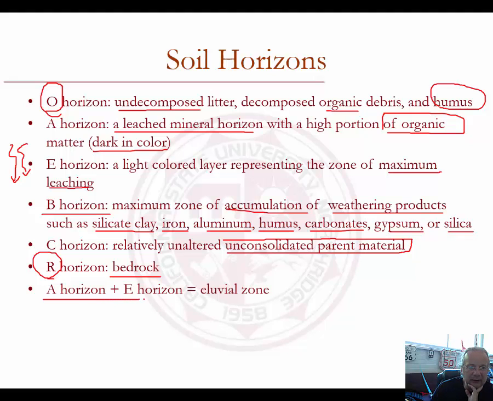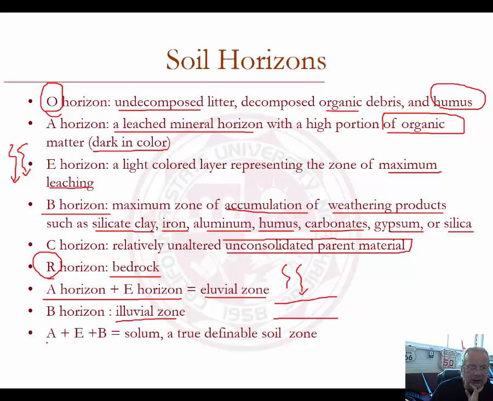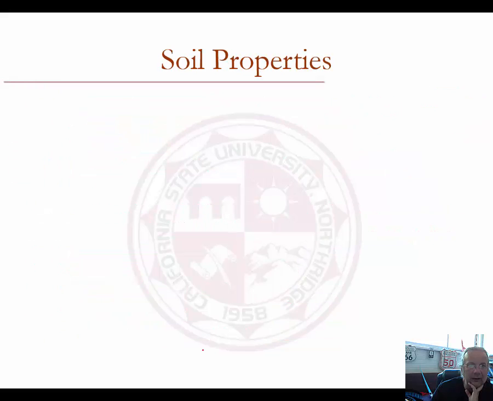The A horizon to the E horizon, that's the eluvial zone, and the B horizon is the illuvial zone. So stuff is leaching downward through the eluvial zone, and where it stops or accumulates is the illuvial zone. The A plus E plus B zones is the solum, and that is a soil zone that can be defined.